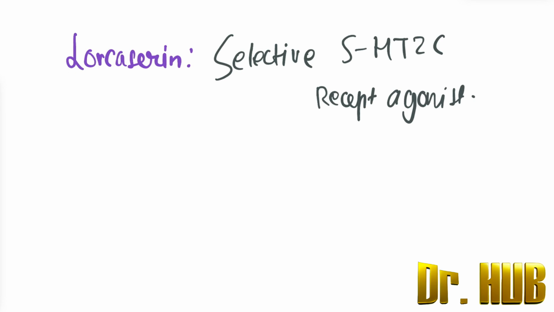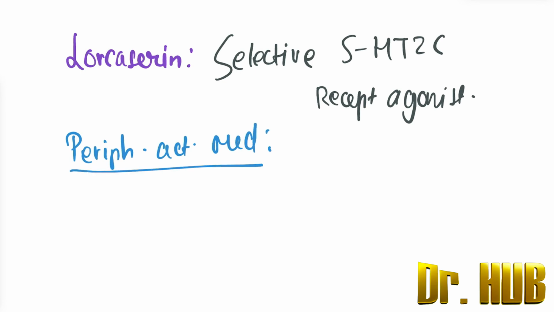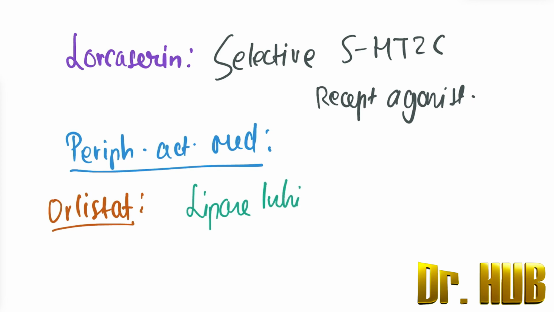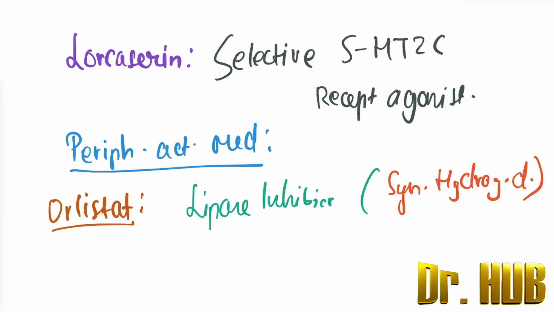Then when you look at the peripherally acting medications, there is orlistat. Orlistat is a synthetic hydrogenated derivative of a naturally occurring lipase inhibitor, lipostatin.